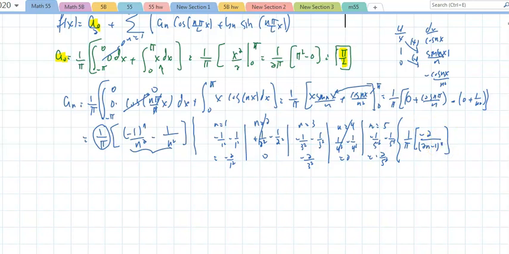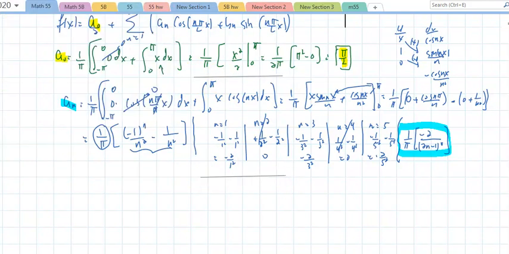So this is my a sub n. You know what, let me just circle that. Sometimes when you print it, the highlight comes out a bit hard to see.